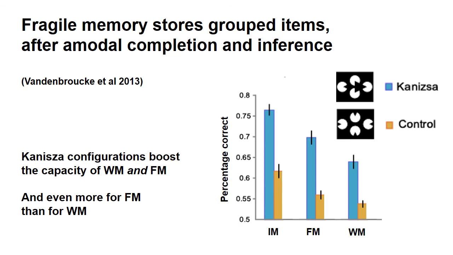What we find is the former. Both for the working and fragile memory conditions, there is a large benefit for the conical compared to the control condition. The benefit is even larger for the fragile memory condition than for working memory. So this unequivocally shows that items in fragile memory are represented in a stage where grouping, amodal completion, and perceptual inference have taken place.